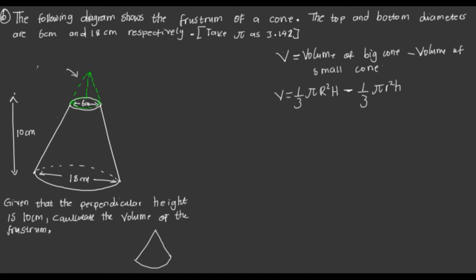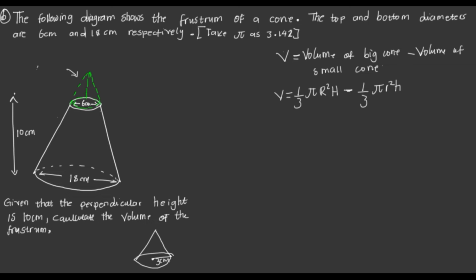So if the diameter is 6 centimeters, the radius is 3 centimeters. So half of the diameter gives us the radius, and the radius for the big cone will be half of 18, which is 9 centimeters.